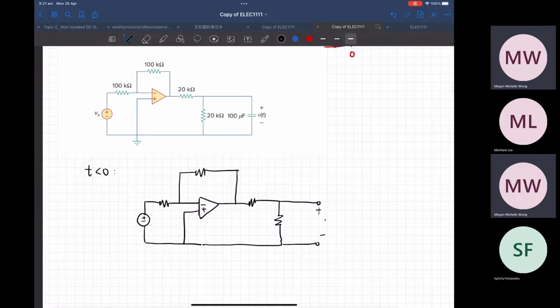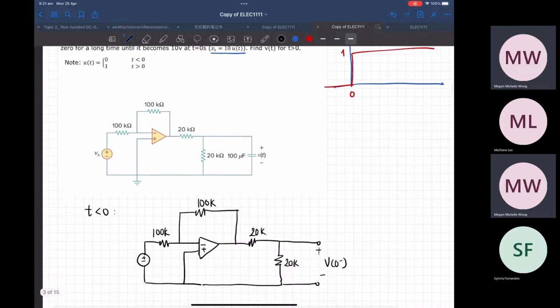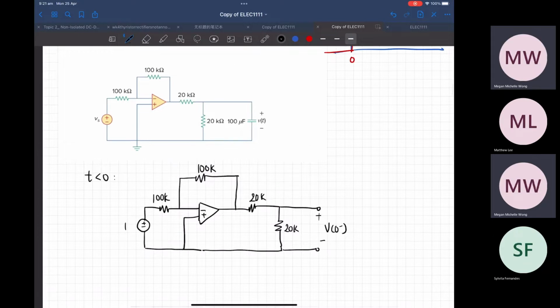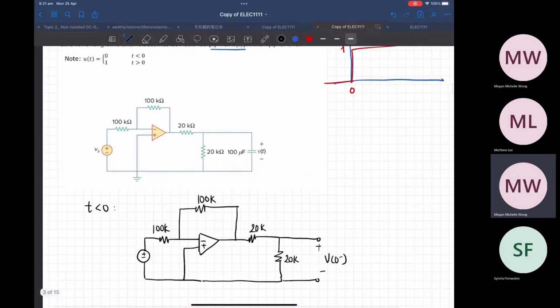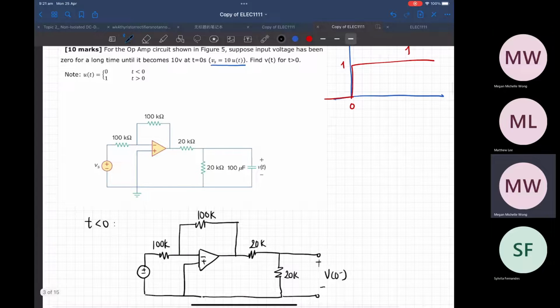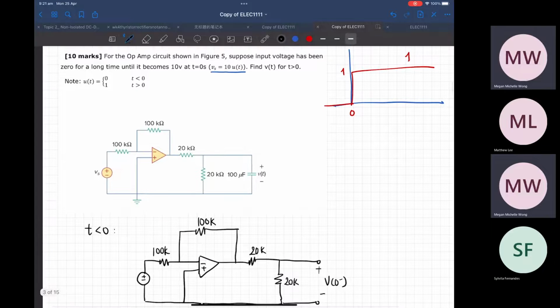And this is V0 minus. This is 100K, this is 20K, 20K, then 100K. So Vs, the input voltage, has been 0 for a long time and becomes 10 volts at t equals 0.